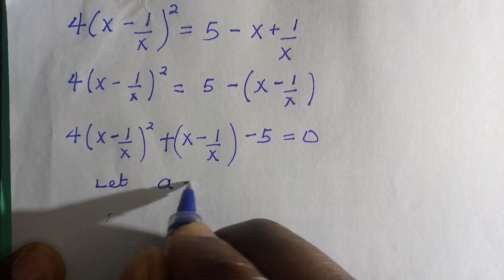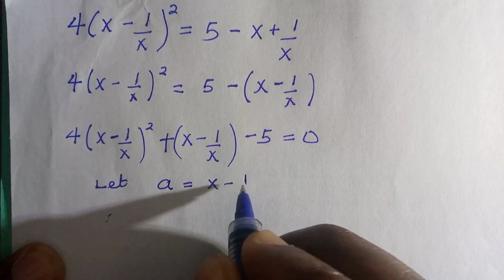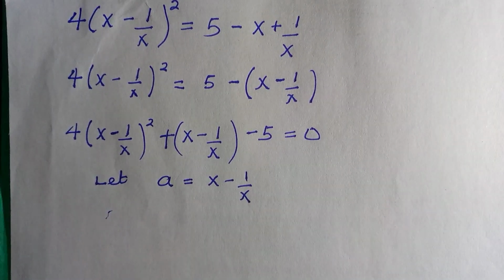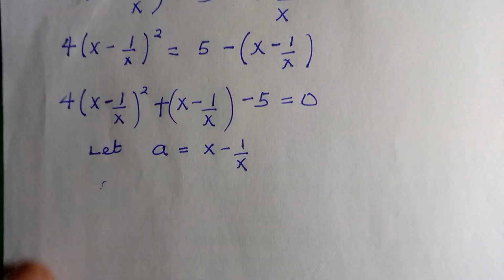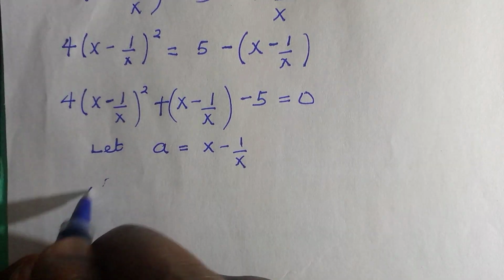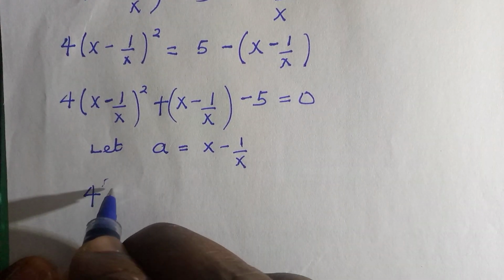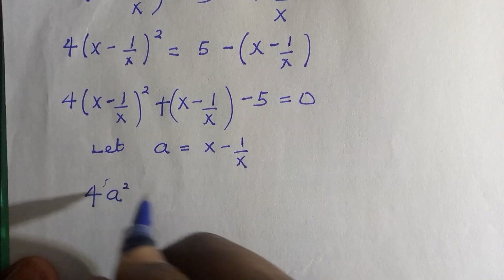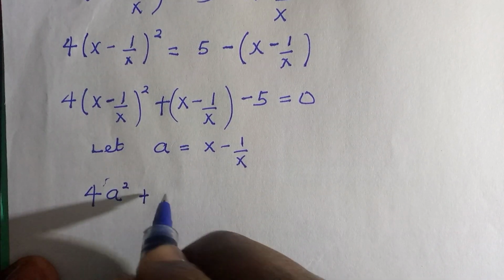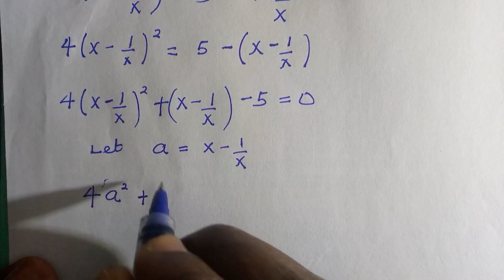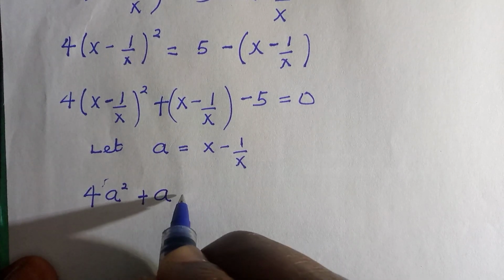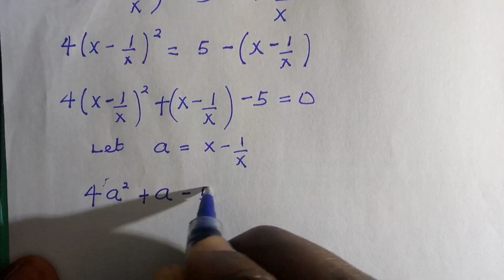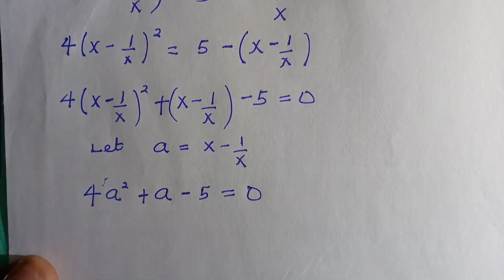Anywhere we see this, we replace it with a. Here we have 4a to the power of 2 plus a minus 5 equals 0.